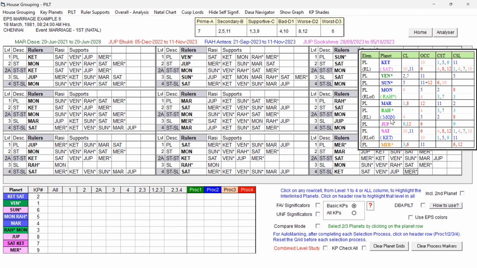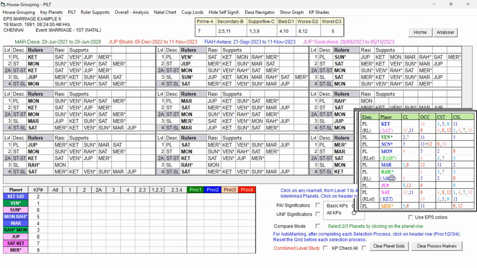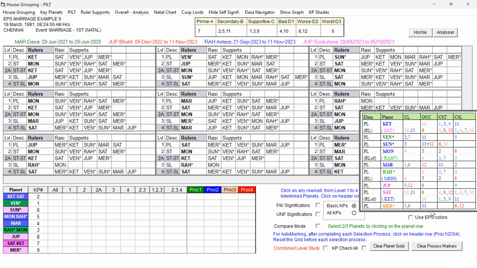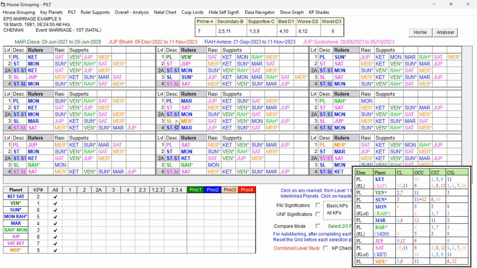We have already given these colors. So we can use this also so that we'll have the continuity and a better understanding. So for that, we have to click this use EPS colors, and I'm selecting KP check all so that all the planets in the PILT table will get the respective colors.